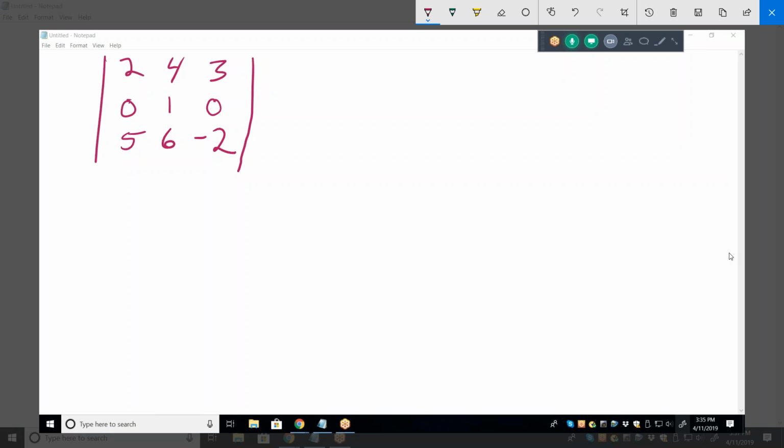I don't know what it means by expanding it about its minors. Gotcha. Okay, that's what they mean by the minors.